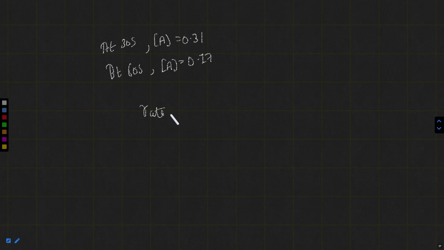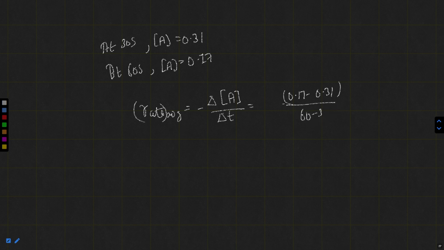The average rate of reaction is change in concentration by change in time, simple. We'll put a negative sign since we are talking about a reactant, to maintain the sign convention, because rate cannot be negative. So 0.17 minus 0.31 is the change in concentration of the reactant, and the change in time is 60 minus 30, again with the negative sign.